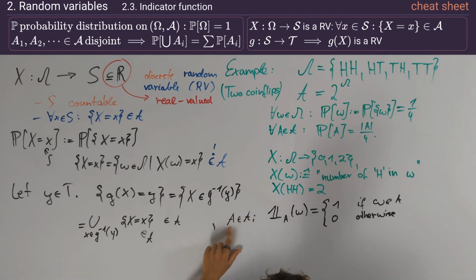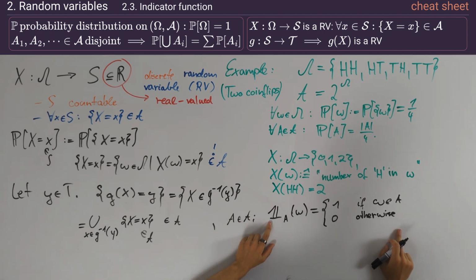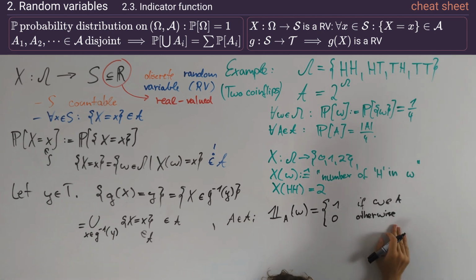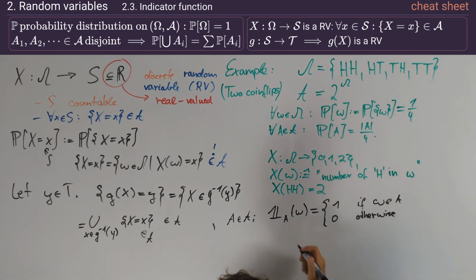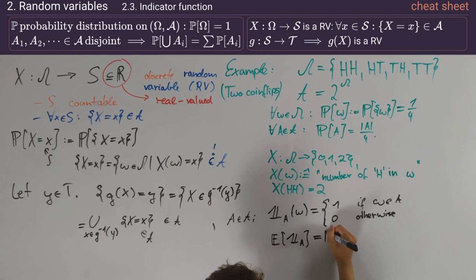Since A is an event, this function is indeed a random variable. In the next chapter, we will define the expectation of a real-valued random variable. For indicator random variables, this is easy, or at least we can see what value the expectation E of 1_A should have intuitively. Namely, this is just the probability of event A occurring.